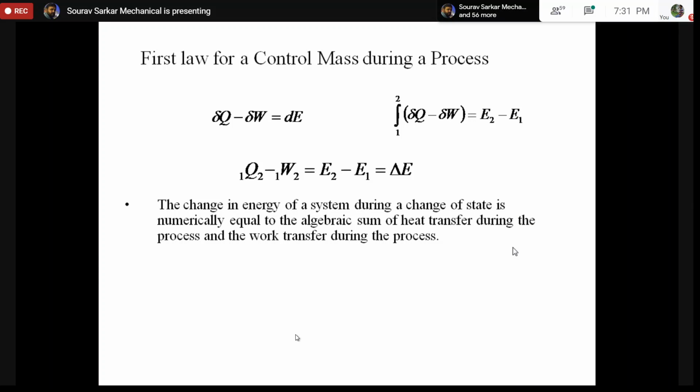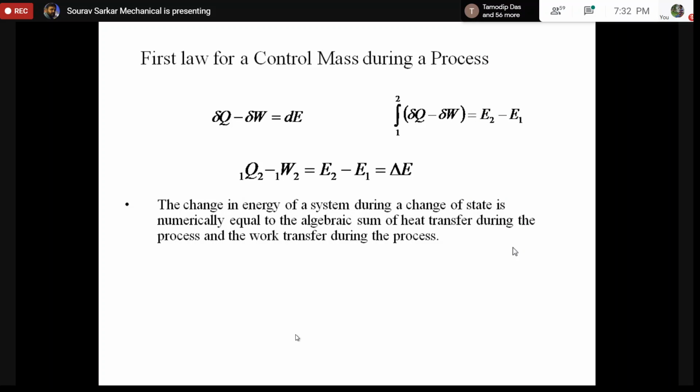The net heat transfer is equal to the change of internal energy plus the work transfer. So the most important word for defining the first law is basically the word cyclic. If you are not using the word cyclic, it will be something different. If you are mentioning the word cyclic, then it will be different.